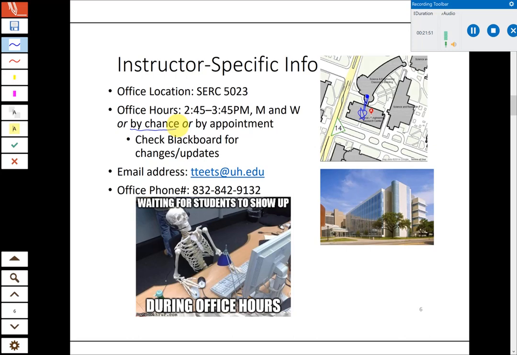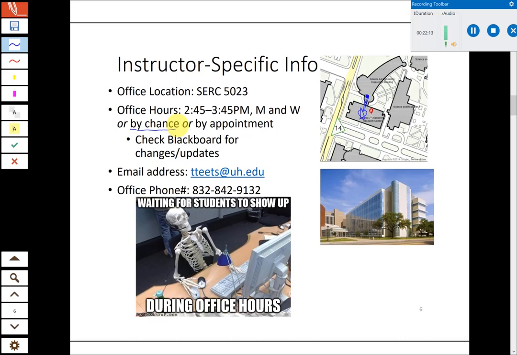This is a real job, believe it or not. So for the by chance part, if you want some idea, typically I'm on campus between about 9 a.m. and 5 p.m. at least. If you come during those times, I may or may not be there, but there's a good chance I will be. At least half the time I'm probably in my office.